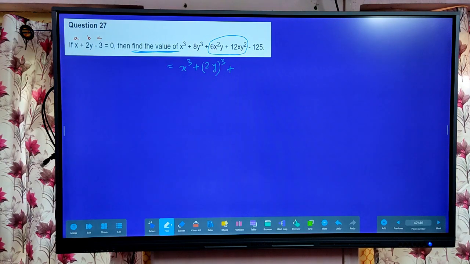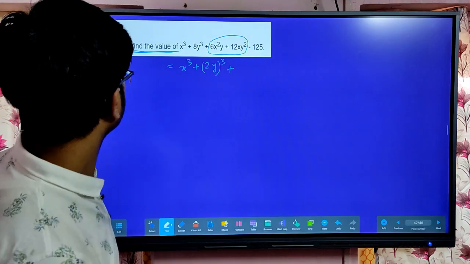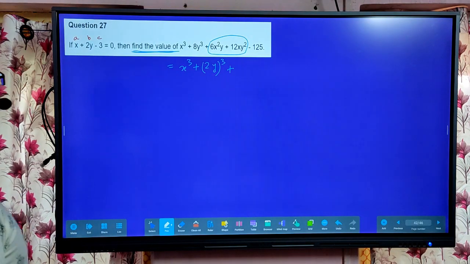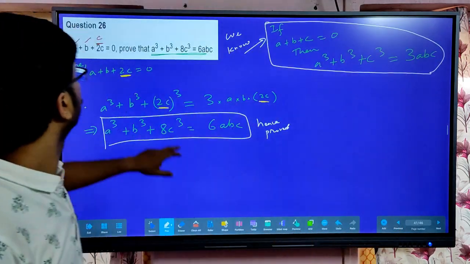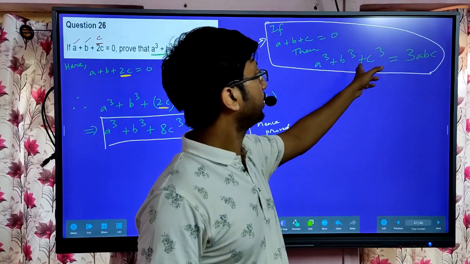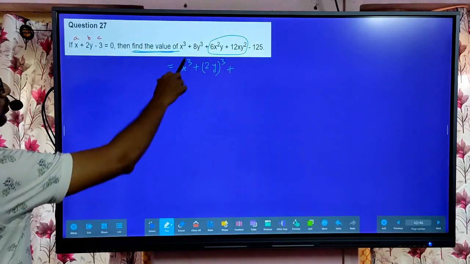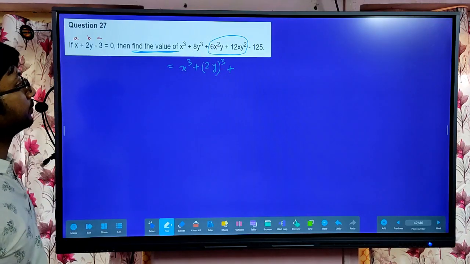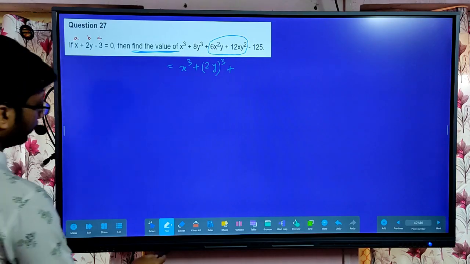Actually, students, this will not be the previous formula a cube plus b cube plus c cube equal to 3abc. This question is not like that because there is no term called 3abc. This is basically the a plus b whole cube formula.